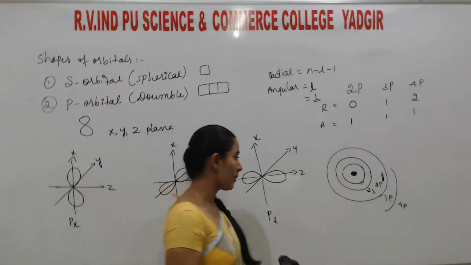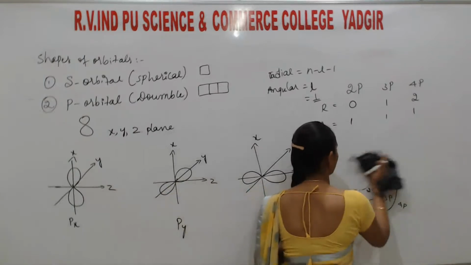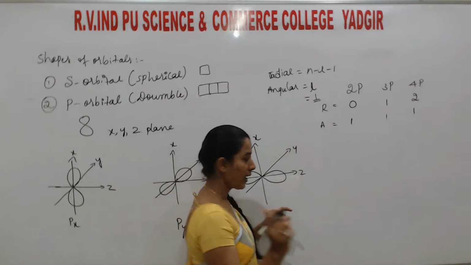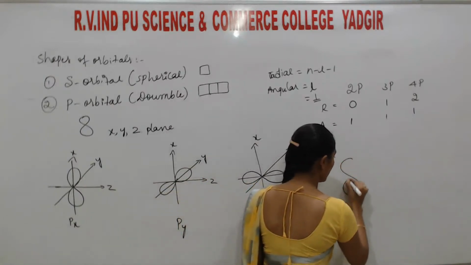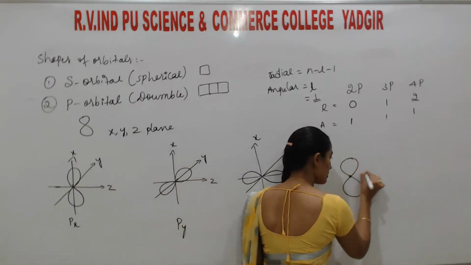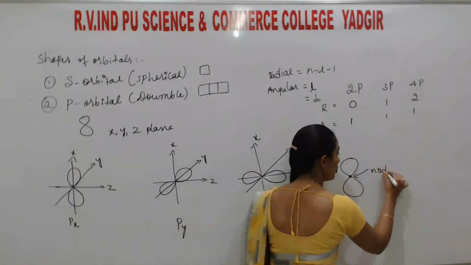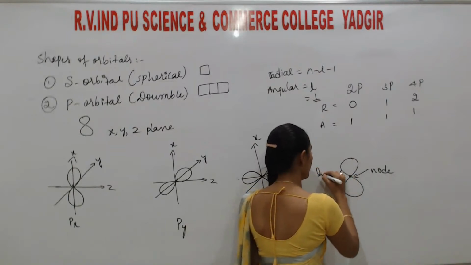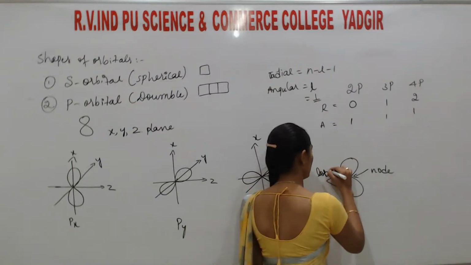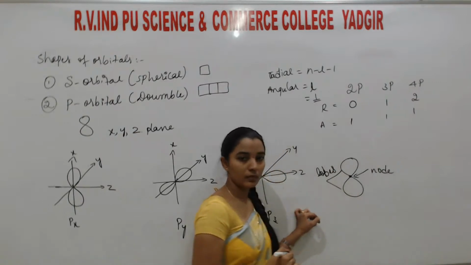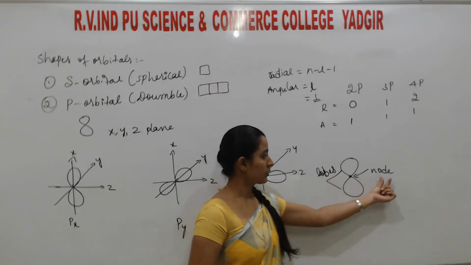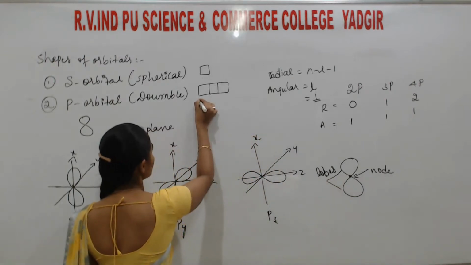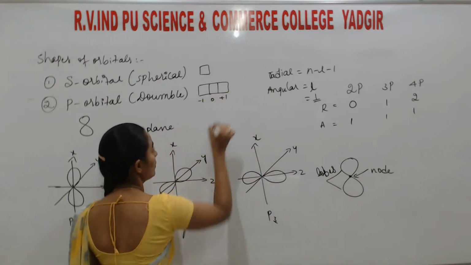Next, remember this concept. Later the same can apply to the d orbital also. So next, students, I told you about lobes as well as nodes. Listen, this region is called the node, and these two are called lobes. You remember here, you always used to write -1, 0, +1.